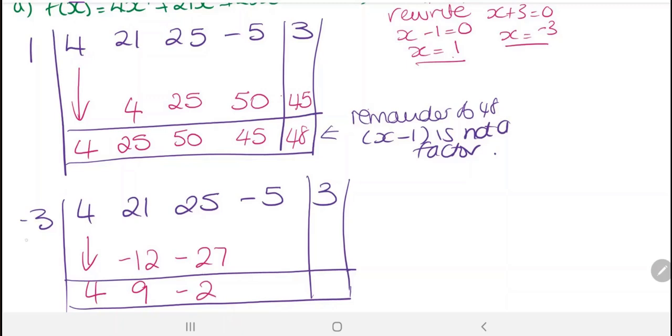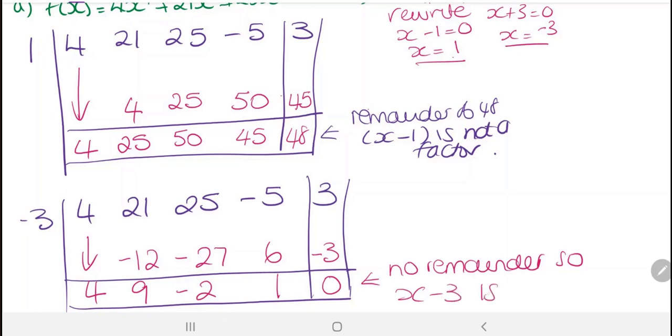Minus 2 multiplied by minus 3 is 6. 6 minus 5 is 1. And 1 multiplied by minus 3 is minus 3, which added to 3 is 0. So no remainder. So x plus 3 is a factor.